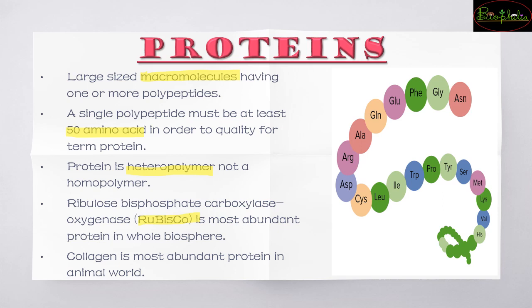The carbon is fixed in the form of ग्लूकोज. सो वहाँ पे रुबिस्को का यूज होता है which is the most abundant protein in the whole biosphere. इंपॉर्टेंट टर्म यहाँ पे कौन सा है, whole biosphere है. If you are asked about the most abundant protein in the animal world, तो एनिमल वर्ल्ड में कौन सा होगा, it is the collagen. Because रुबिस्को कहाँ मिलता है, रुबिस्को मिलता है in the plants. It is not found in the animals, but still plants की quantity ज़्यादा है. So entirely in the whole biosphere, Rubisco will be the most abundant protein, and specifically in the animal world, it will be the collagen.